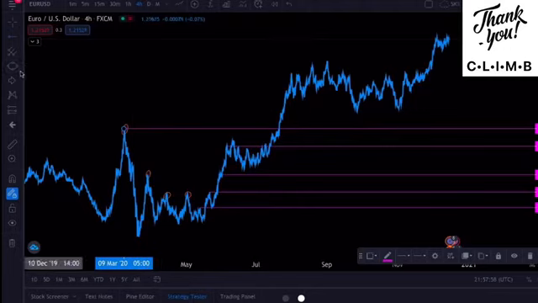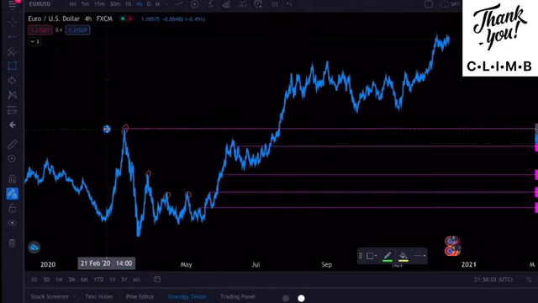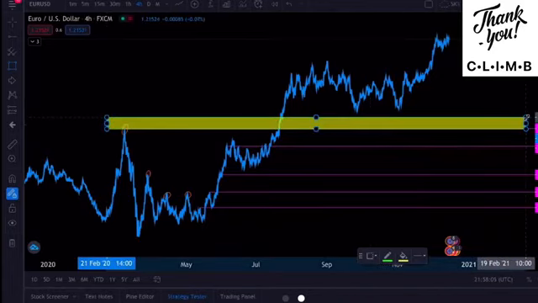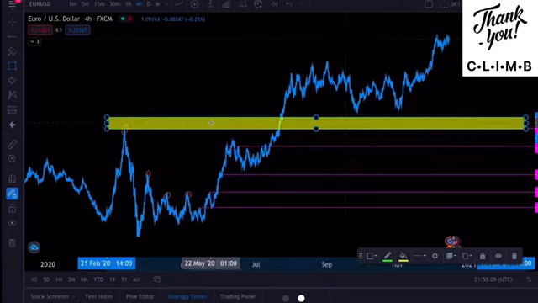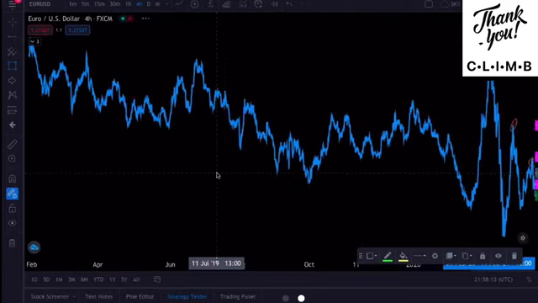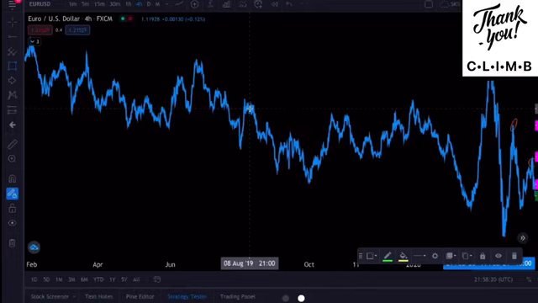As we can see, even though I'm drawing a line, it's really a zone. So the same way it bounced off this, it bounced right here. Same exact way. Now if we was to go anywhere on a chart, you will see the same consistent rejection, one way or another, whether it was up or down.